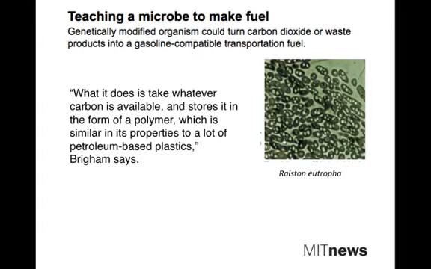What the organism can do is it takes carbon from the environment and stores it as a polymer. That's something the organism does well naturally. In fact, if it's under stress, some of the numbers I read were that 80% of its dry weight becomes stored as carbon stored molecules, branched molecules.